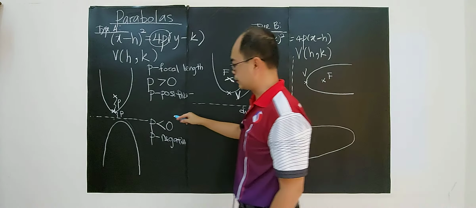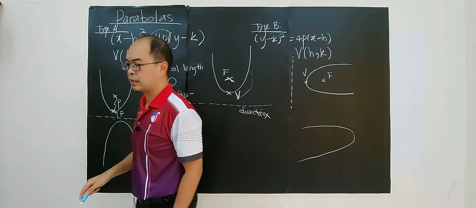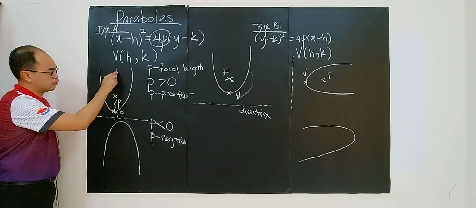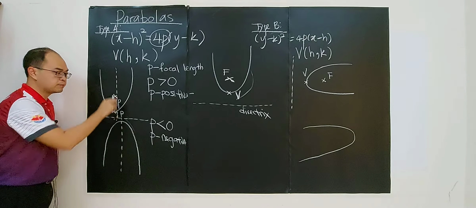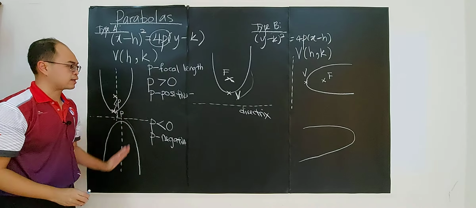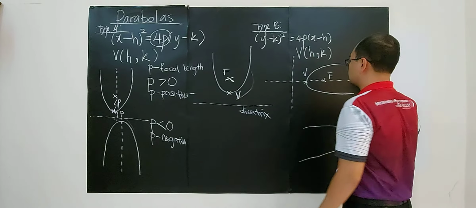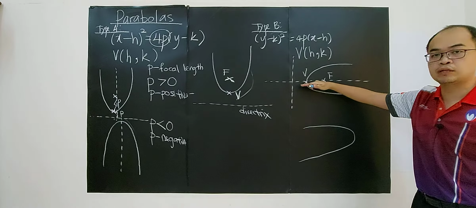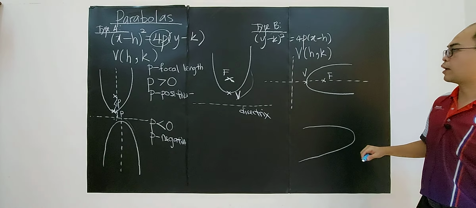The most important is the axis of the parabola. If it is vertical, it is parallel to the y-axis. For this one, the axis of the parabola is horizontal, which is parallel to the x-axis.